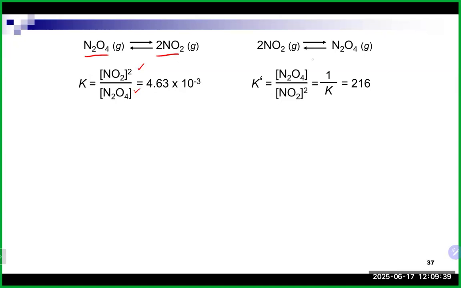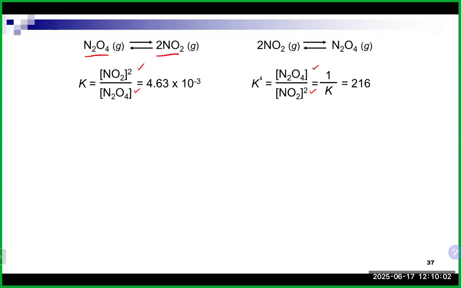When we reverse this reaction, we get this as our equilibrium expression, which is N2O4 divided by NO2 squared. It is actually 1 over the equilibrium constant value. So if you have to reverse a reaction, you take 1 over the K value, and that will get you the correct one.